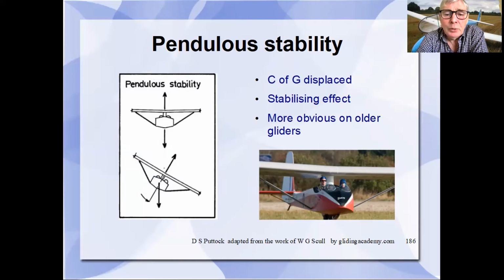You can see if we roll the glider, we displace the centre of gravity, and it will want to return to its normal position with the centre of pressure and the centre of gravity in line with each other. Much more obvious, as I say, in older gliders than modern ones.